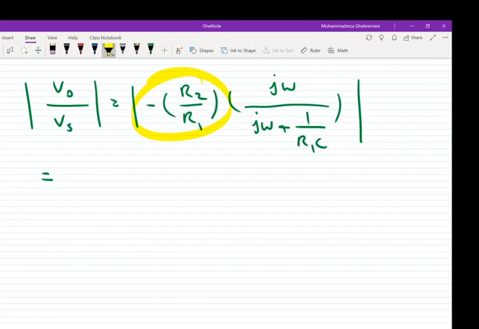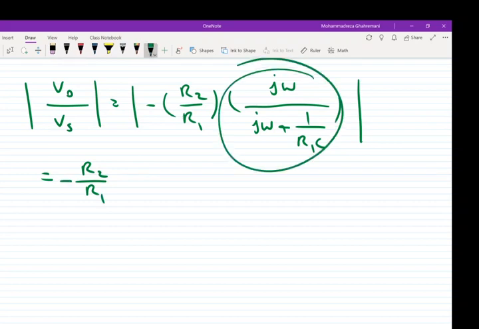R2 and R1 are constant numbers, so the magnitude is the same as the value. But for this part, because it's a complex number, we need to find the magnitude.